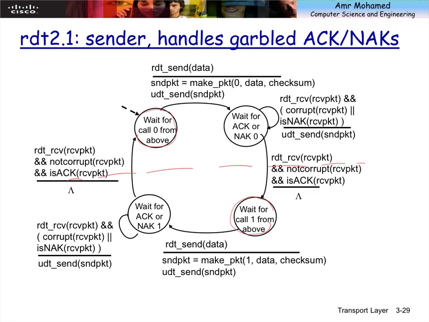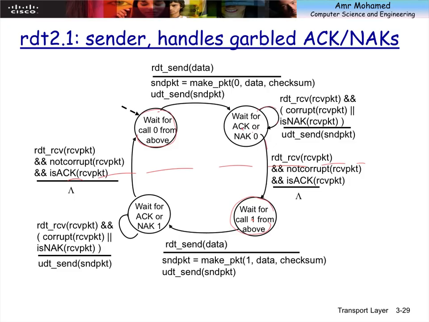So I receive 0, I send the segment, and I go to wait for acknowledgement or negative acknowledgement for 0. When I receive the acknowledgement for 0, then and only then I go to 1, and so on.